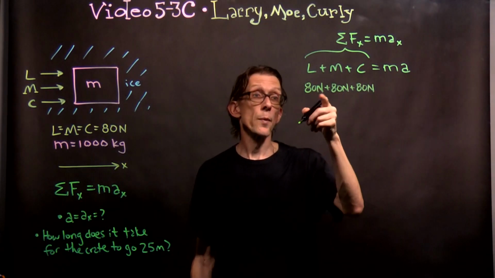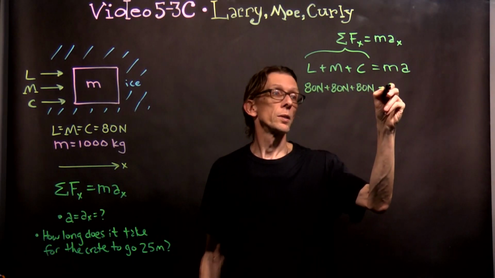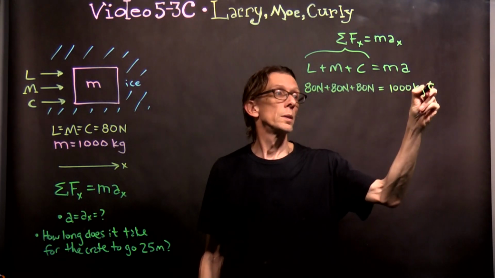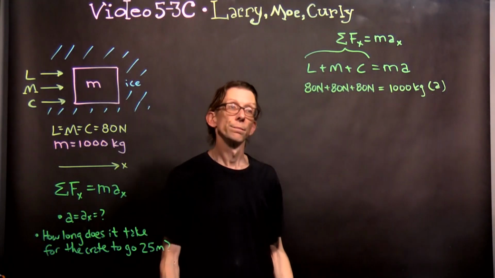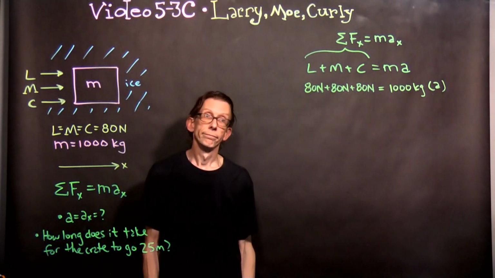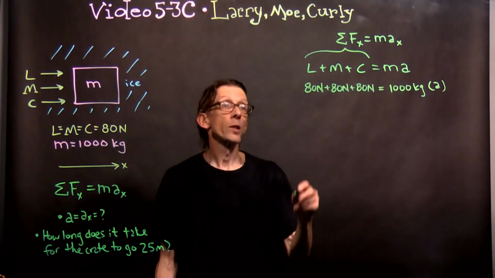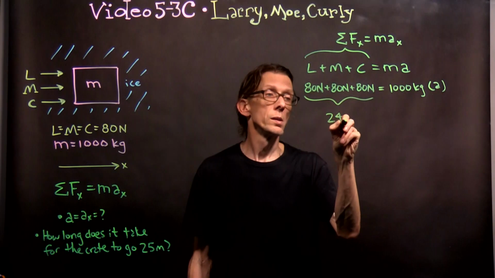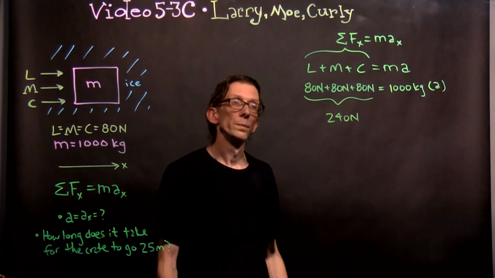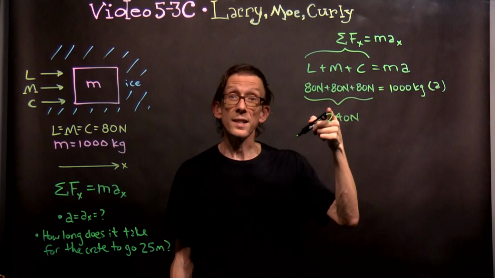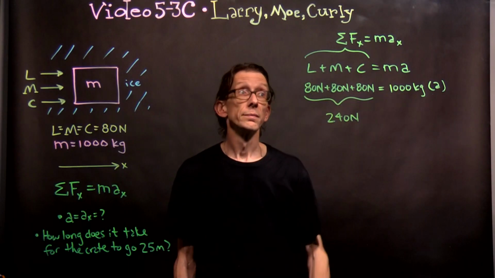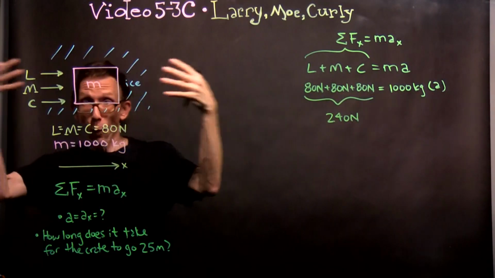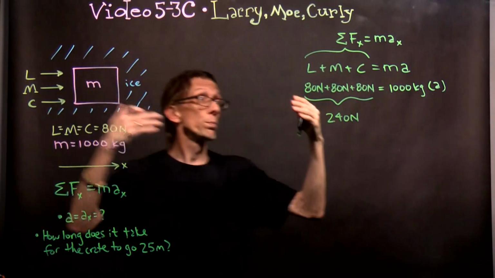So this is the sum of the forces, is 1,000 kilograms times A. Okay, so the sum of the forces is 240 newtons. That is sigma F sub X. Okay, so you start with sigma F and you unpack it and you figure all the forces going on and you put them in there.